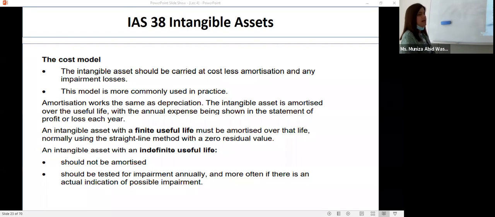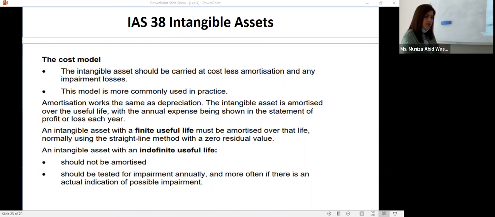Amortization works the same as depreciation. Students, amortization has the same practical background as depreciation. Amortization is taken on the intangible assets. Depreciation is taken on the tangible non-current assets. Now, students, amortization will be taken only for those intangible assets which have a definite useful life.